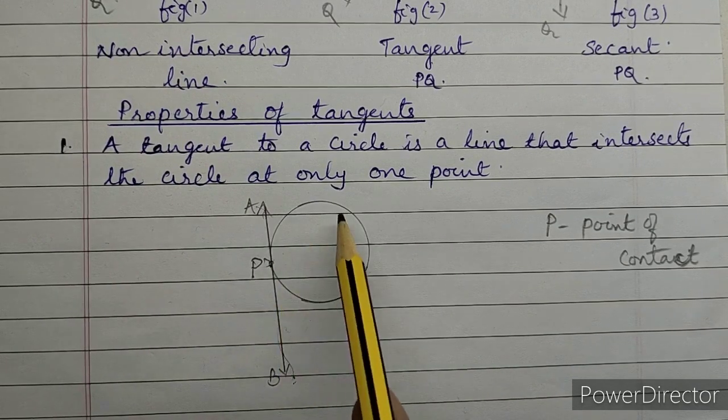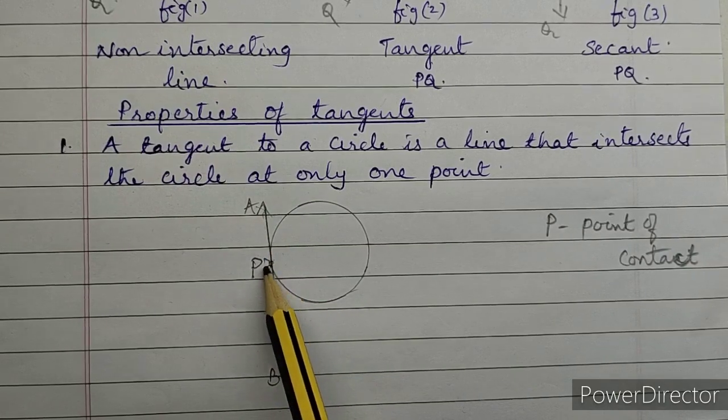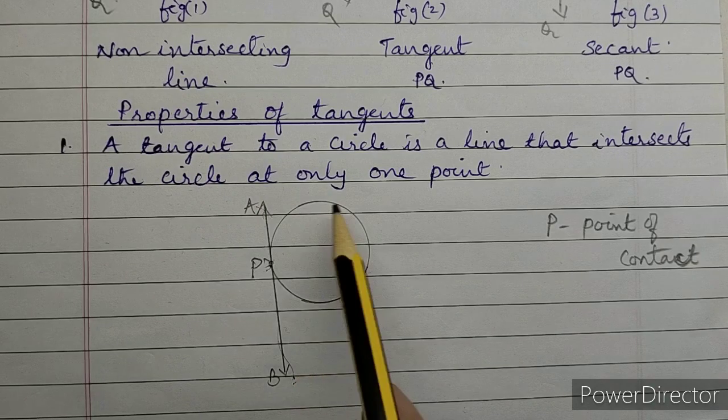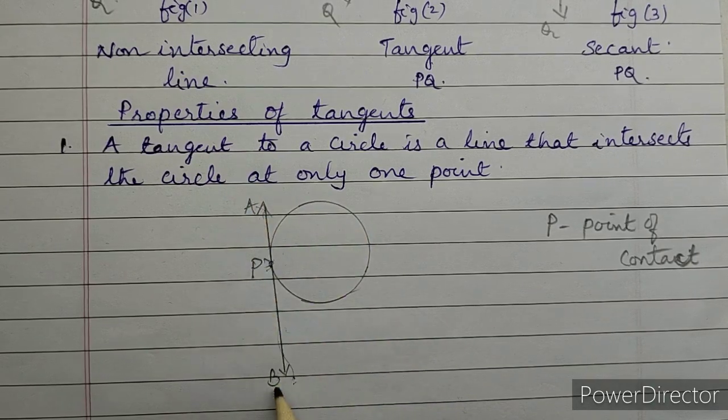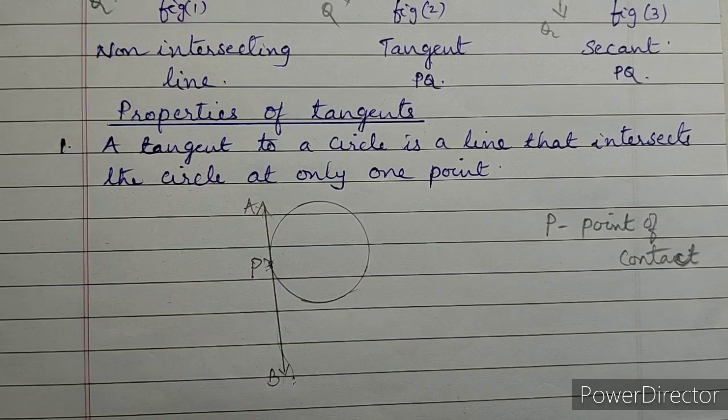Point of contact is nothing but the point where the circle and the line are meeting, where it is touching. Now this circle is touching the line at P. So P is called the point of contact and AB is called the tangent.